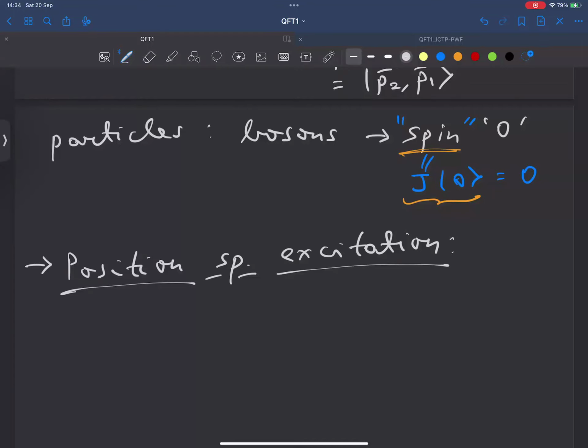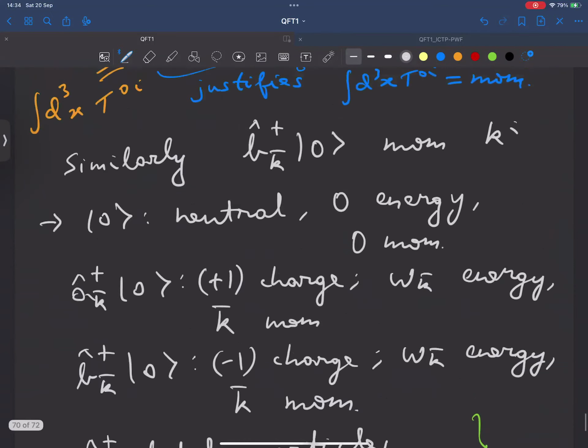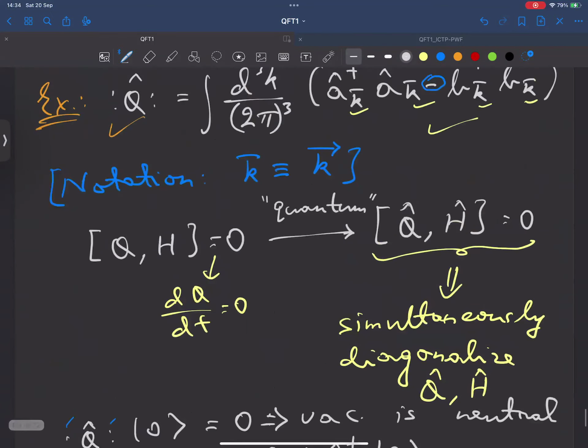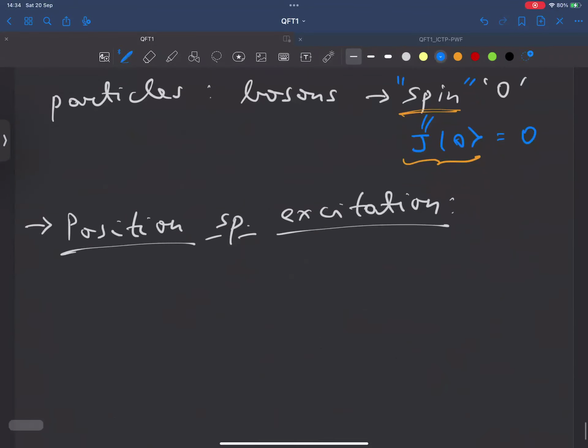That's why this Q is also a conserved quantity. When we say in the quantum theory that anything is conserved, it essentially means that it should commute with the Hamiltonian, which it indeed does. So not only H but Q is also a conserved quantity.